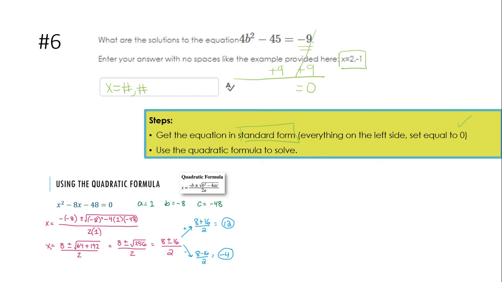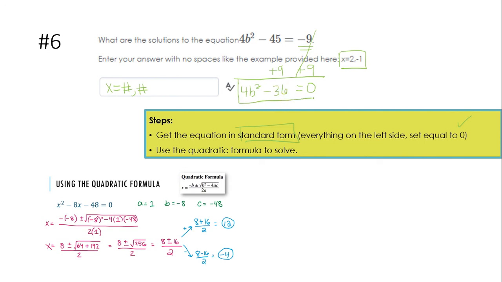Then from here, we would just simplify to get our quadratic function to go ahead and use the quadratic formula with. So 4b squared doesn't have any other like terms, can't simplify that, but -45 plus 9, that's going to leave me with -36.